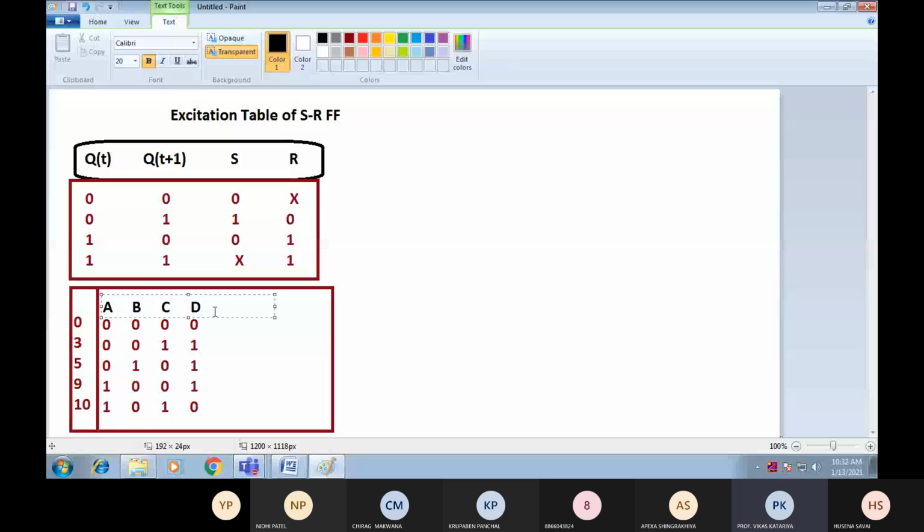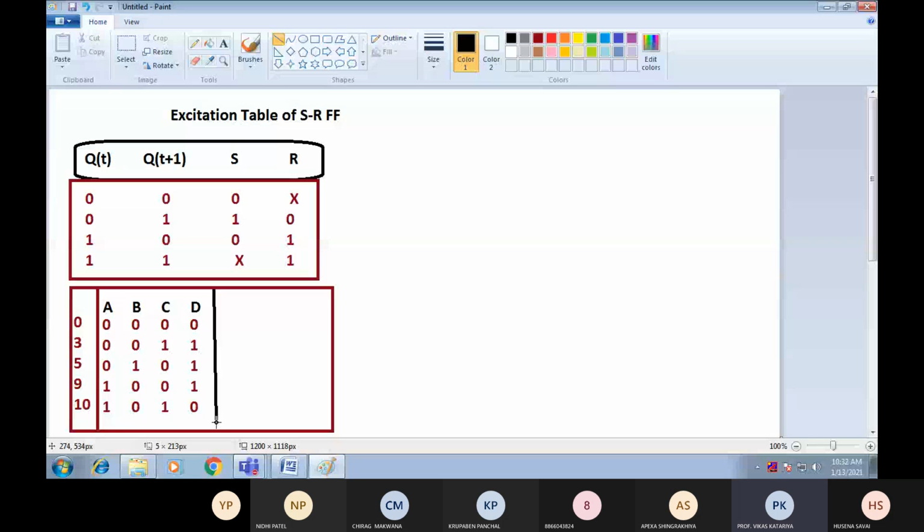Now these are inputs in our counter. So right now we are preparing the input, right? We have been given sequences 0, 3, 5, 9, 10. We have to convert them to binary values and finalize how many flip-flops we require, right?